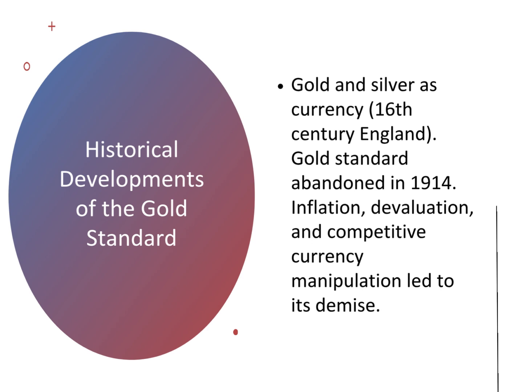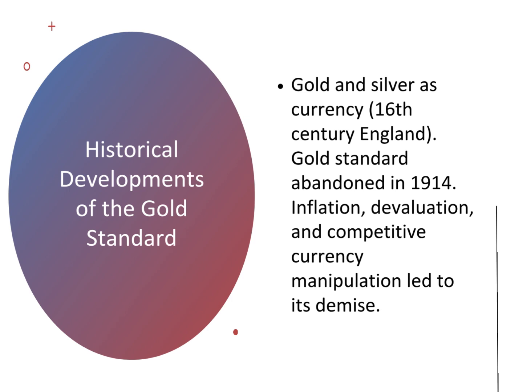However, the gold standard was abandoned in 1914, primarily due to the pressures of World War One. The conflict led to inflation and devaluation, which significantly challenged the stability of this system.